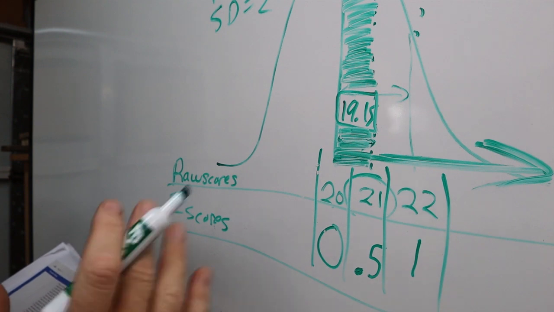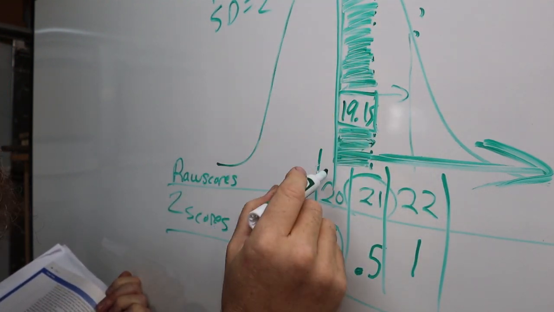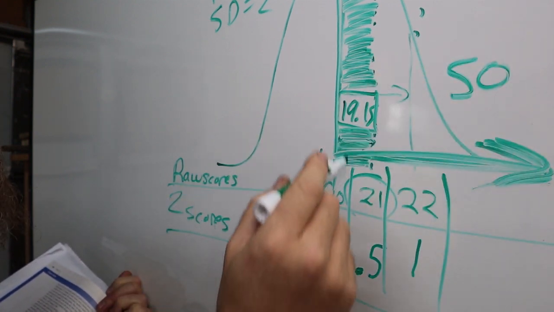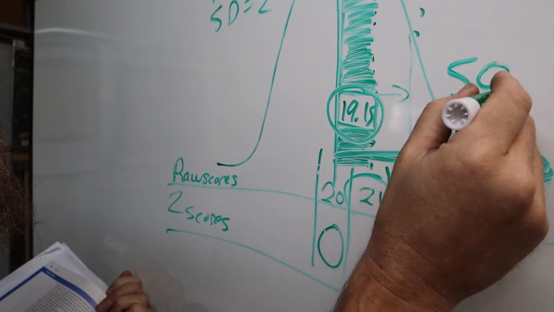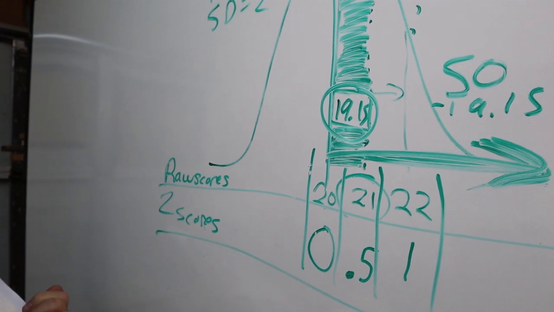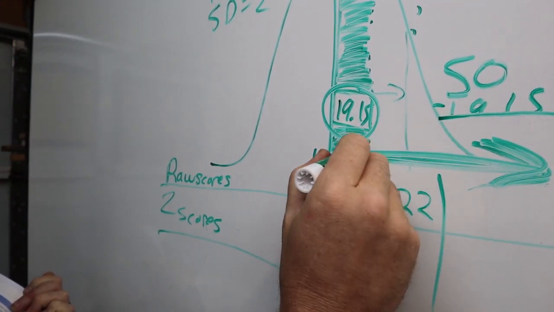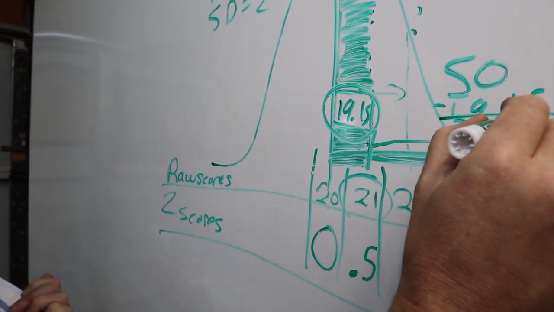Well, we also know that from the mean out into infinity is 50%. So 19.15 less is going to be 30.85. So the answer to what's beyond here is 30.85.